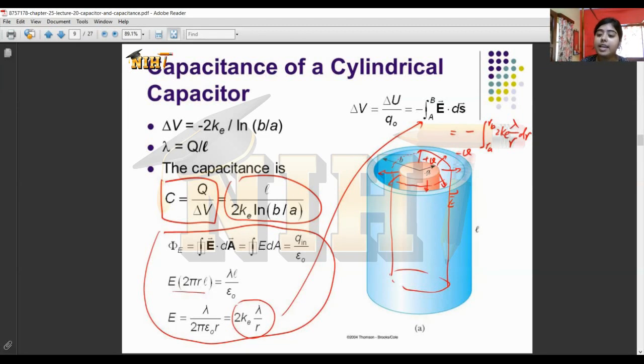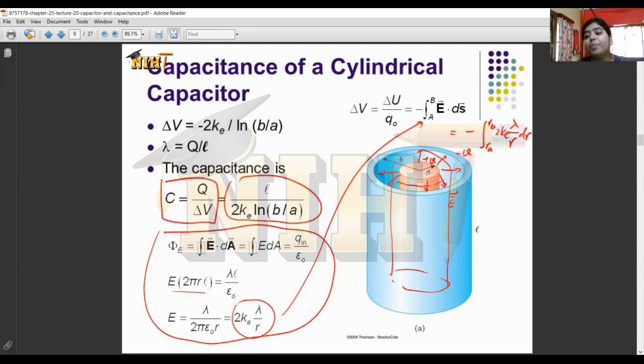It has been put inside a hollow cylindrical shaped metal of radius B. So they are concentric cylinders of radius A and radius B, with capacitances C1 and C2.